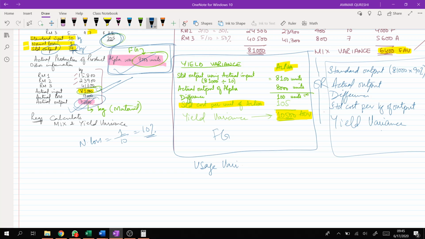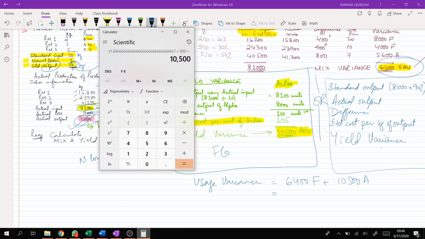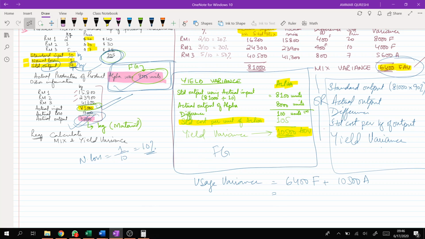See, we know that usage variance is the sum of mix and yield variance. Mix variance is 6,400 favorable and yield variance is 10,500 adverse. So overall this will be 10,500 minus 6,400, which is 4,100 adverse, right?